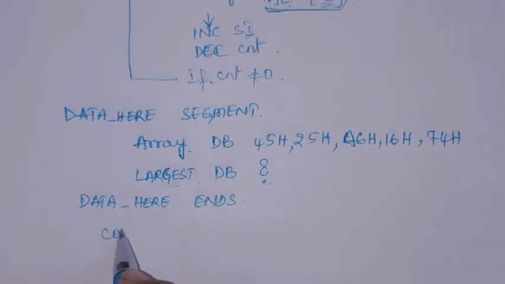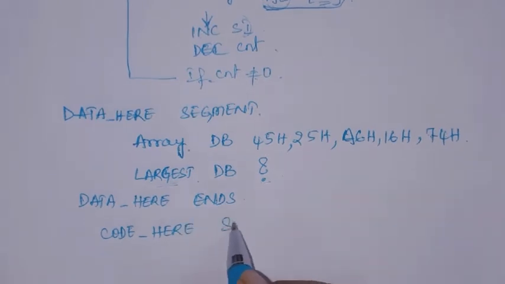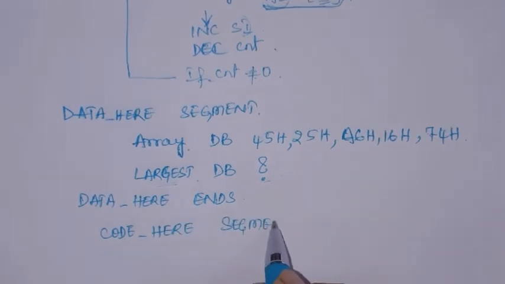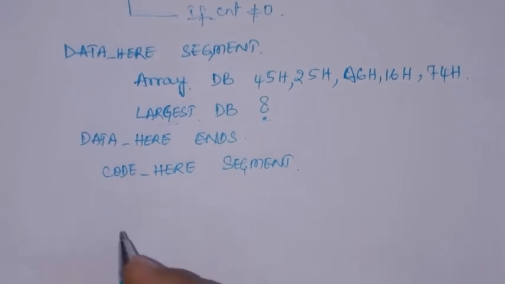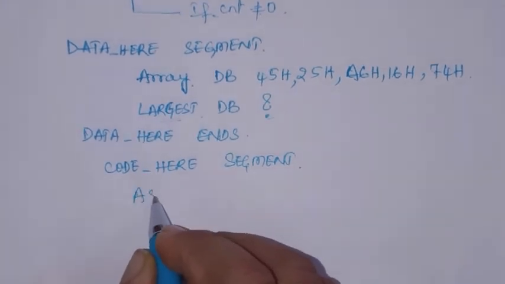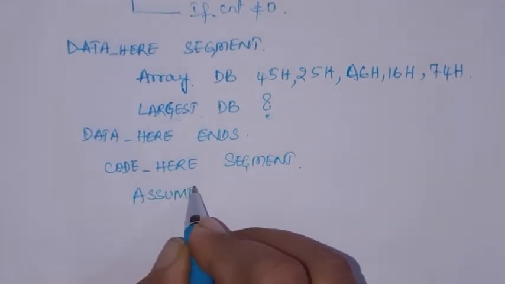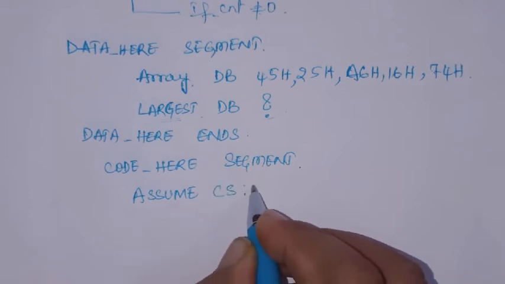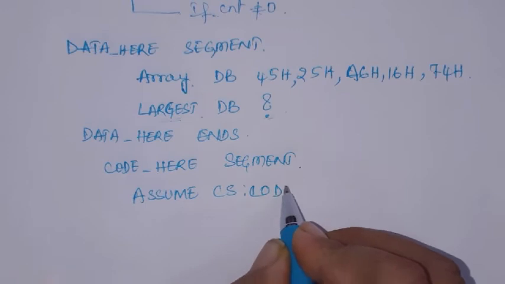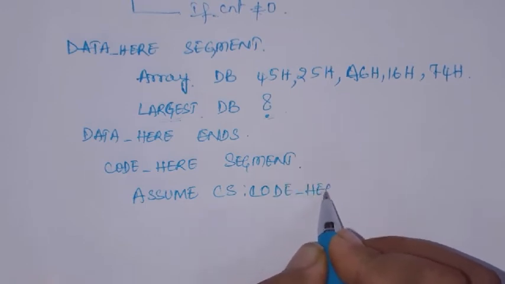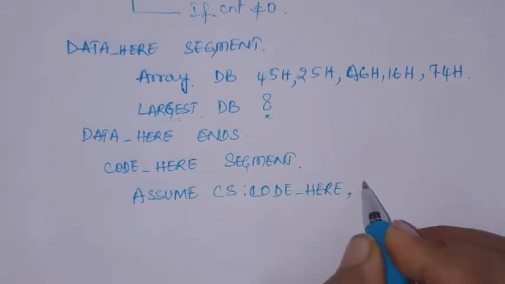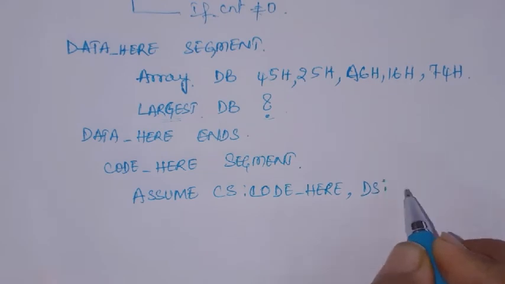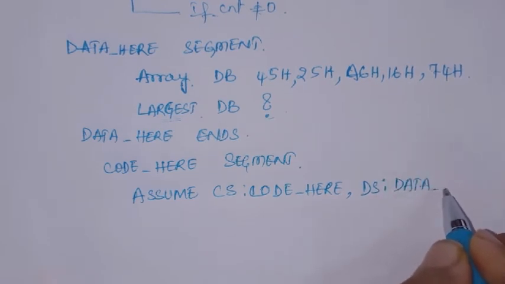Now we can start with the code segment. Okay, in the code segment, first we need to write assume CS as the code segment and DS as the data segment.